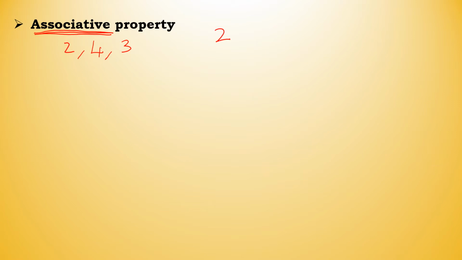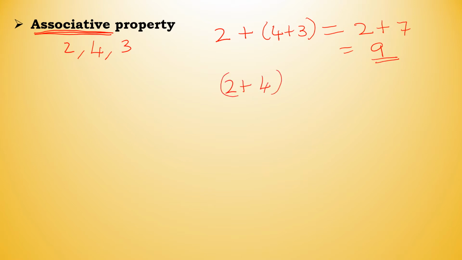I can either add 4 and 3 first, find their sum and then add 2 to their result. I get 9. The other way is I will group 2 and 4, to which I will add 3. So I get 6 plus 3, which is also equal to 9. This is called the associative property of addition.